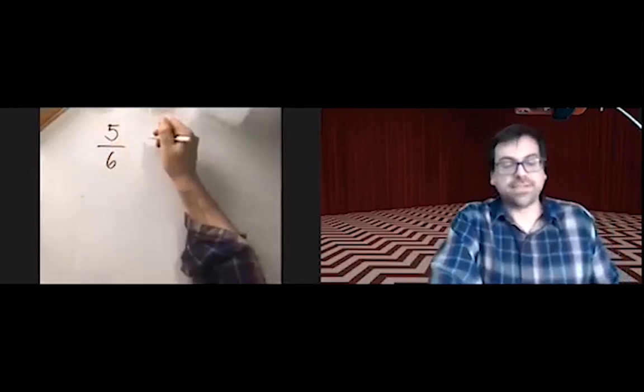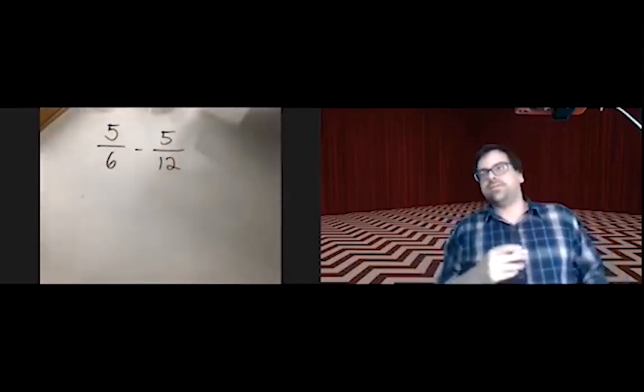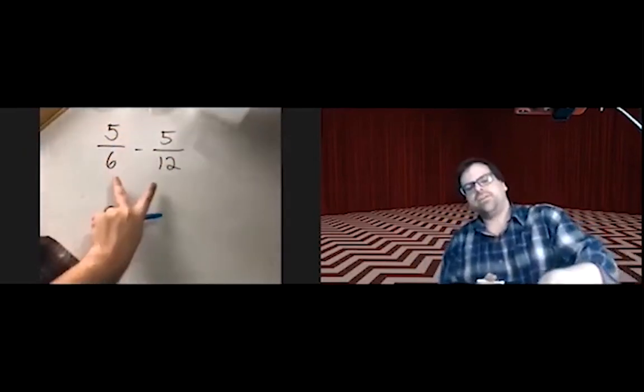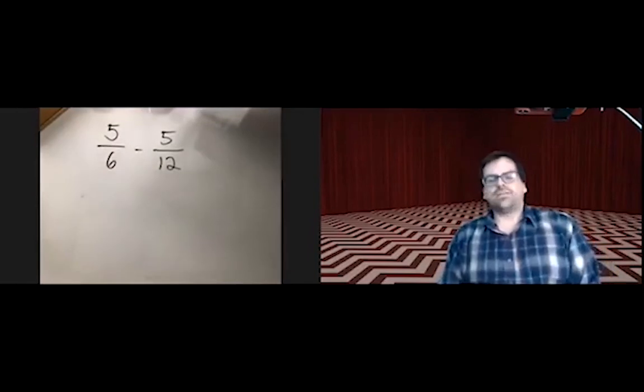Five sixths minus 5/12. And this isn't 0. At no point are we doing 5 minus 5, because these numbers are not the same on the bottom. We can't add or subtract until the numbers on the bottom are the same.